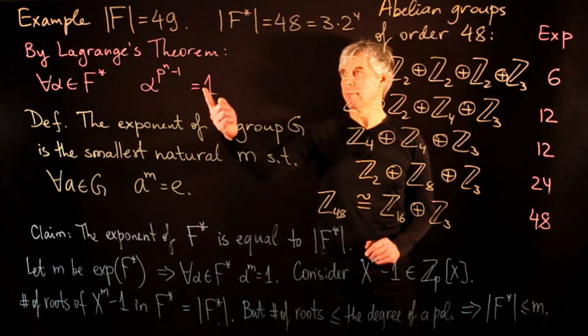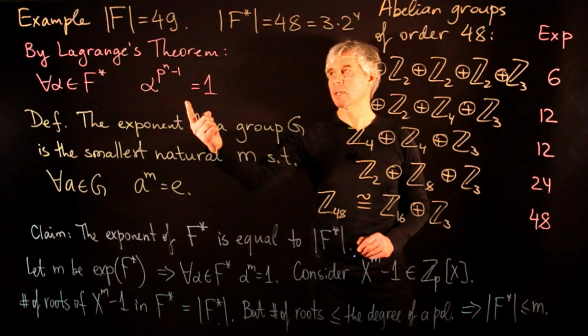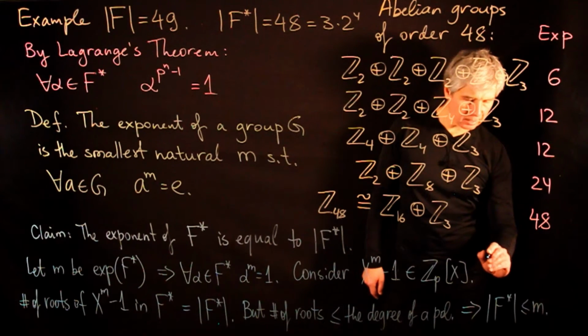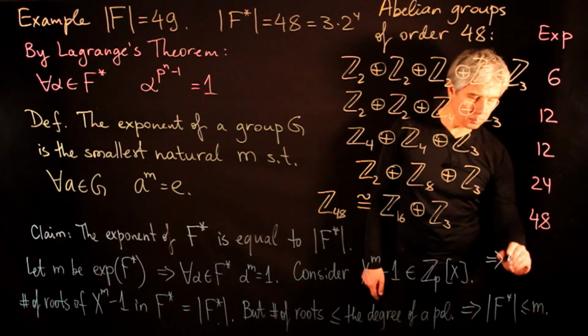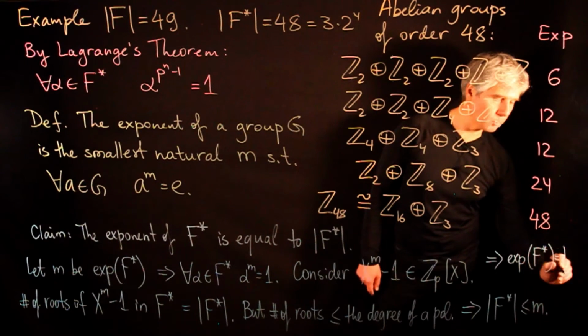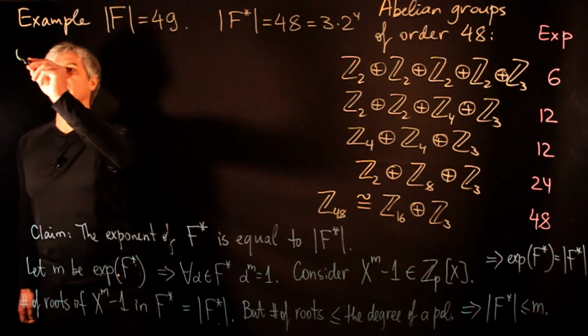But Lagrange's theorem gives us the opposite inequality. Lagrange's theorem says that the exponent cannot exceed the order of the group. So this tells us that the exponent of the multiplicative group of F star is equal to the order of this multiplicative group. And then we make the following observation.